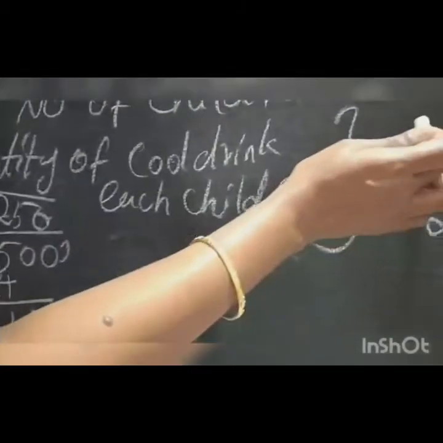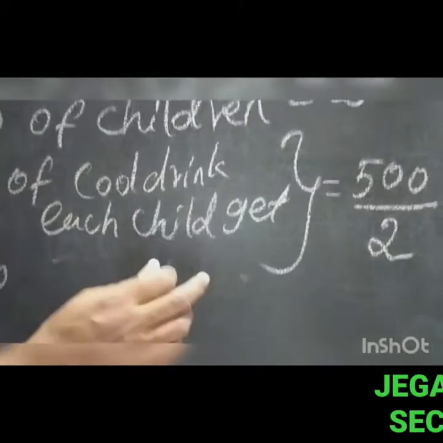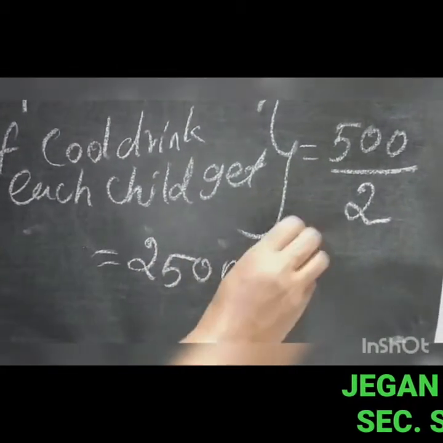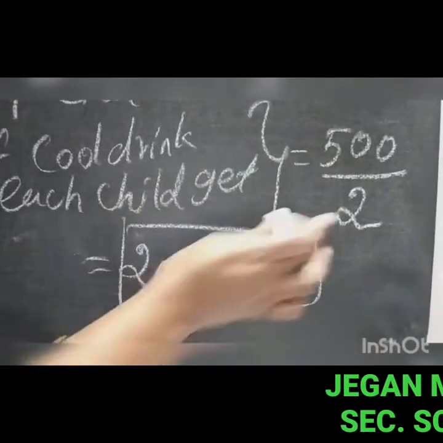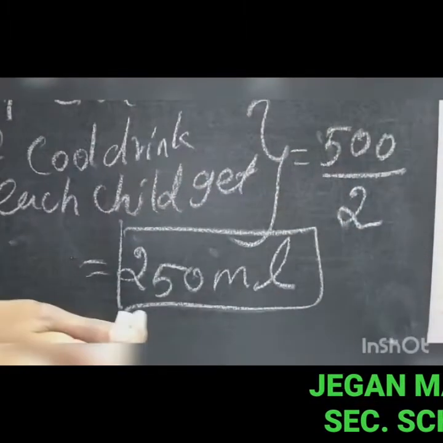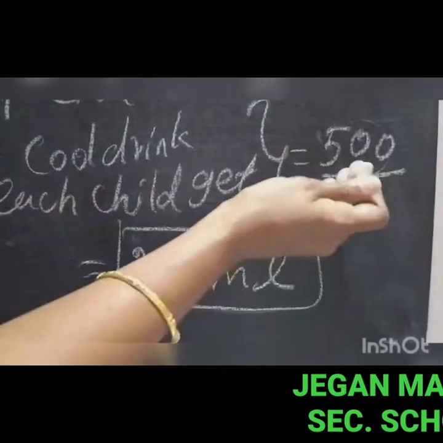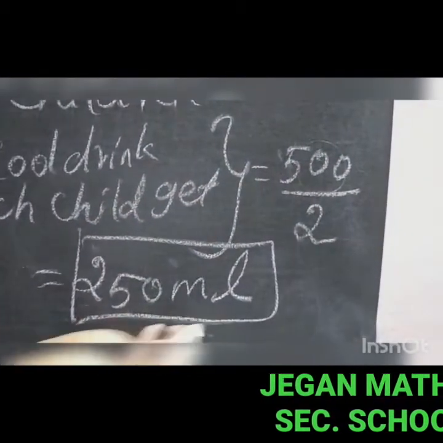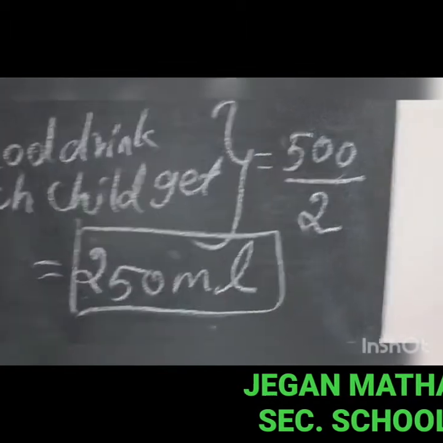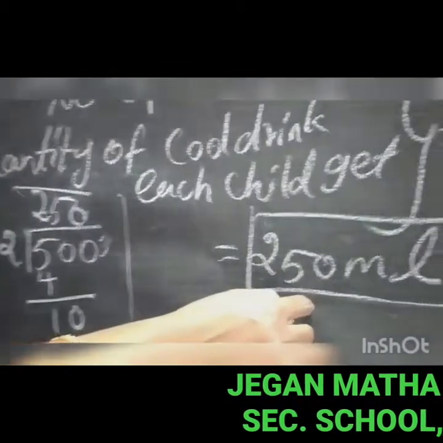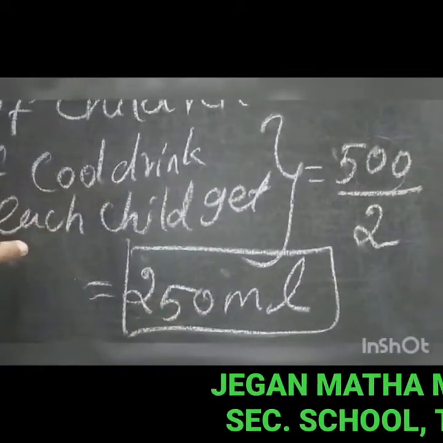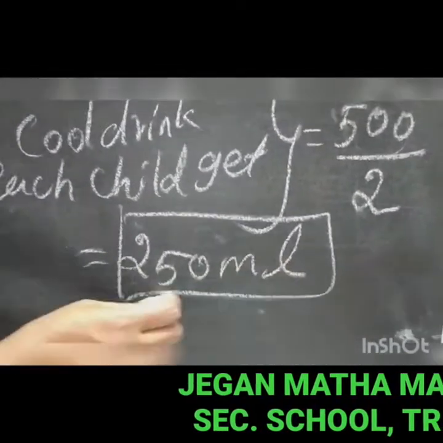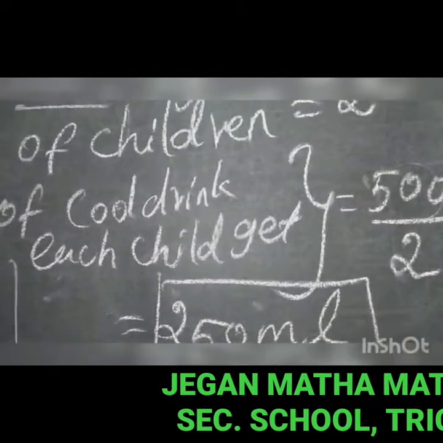So the quantity of cold drinks each child gets is 250 milliliter. Half of 500 is already known, 250 milliliter. Otherwise you can divide it in the rough column like this and find out. So this is the final answer: 250 milliliter.